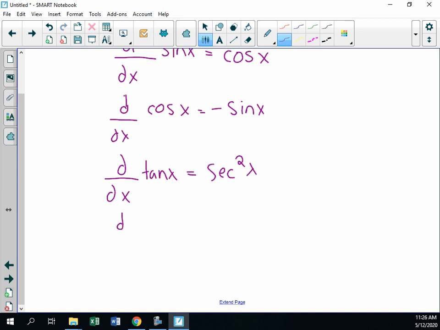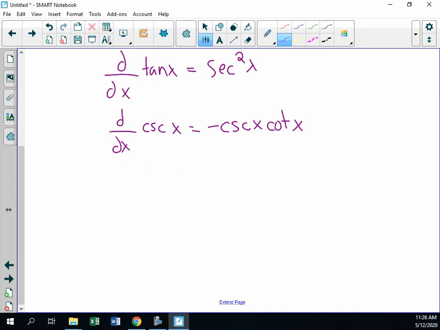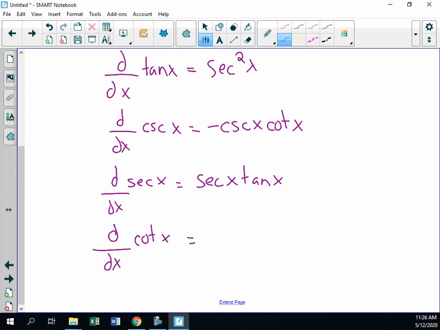We have the derivative of cosecant x, which is a weird one, negative cosecant x cotangent x. We have the derivative of secant x, which is secant x tan x. And another weird one, finally, the derivative of cotangent is negative cosecant squared x.